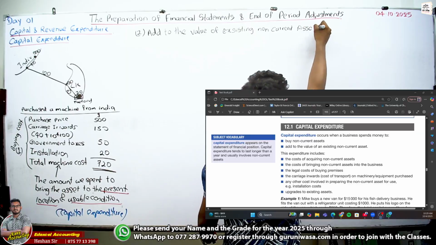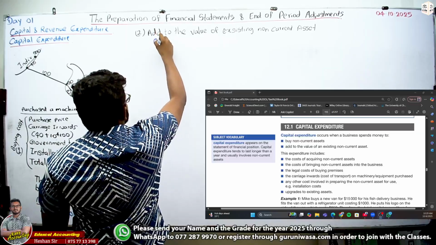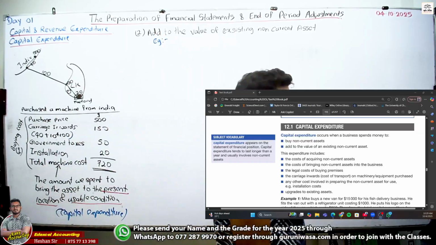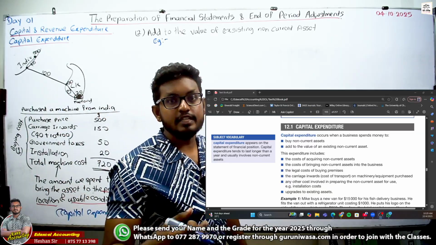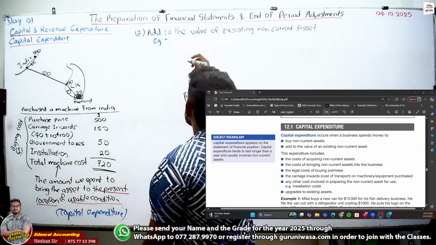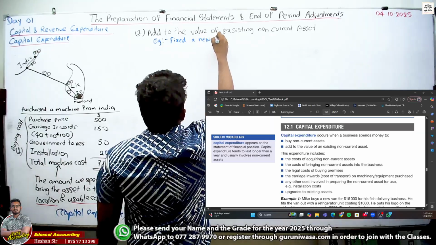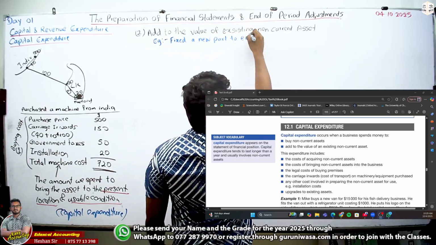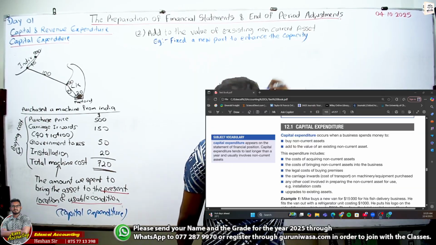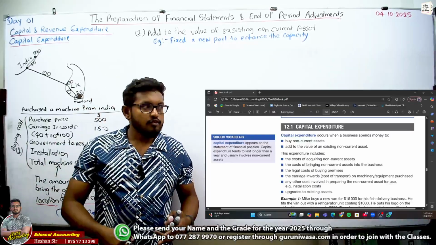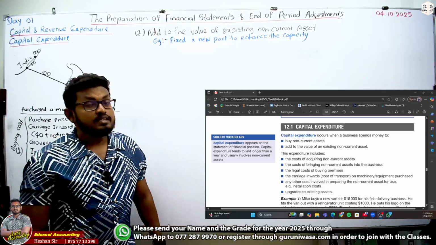For an example, think like this. By the time, in this machine we fixed another new part to enhance the capacity. It is not revenue expenditure. Why? Because from this our non-current asset value, the capacity and everything increases.